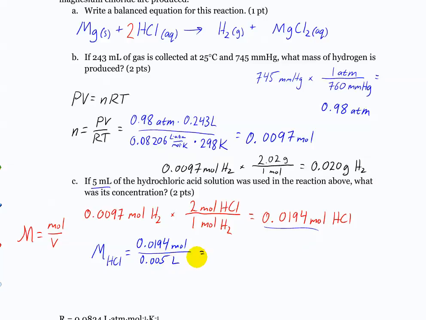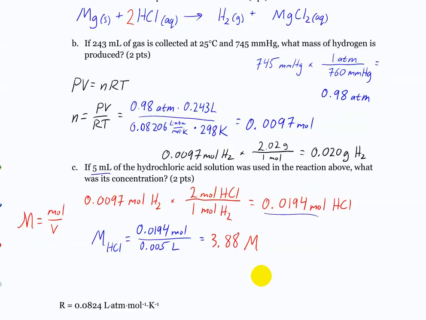And that gets us 3.88 molar or something in that area. So that was the concentration of hydrochloric acid that needed to be used.